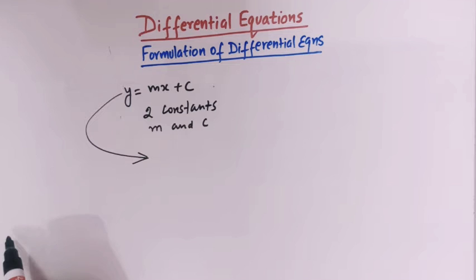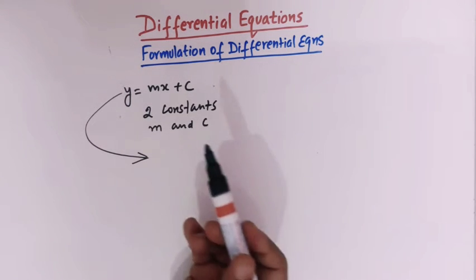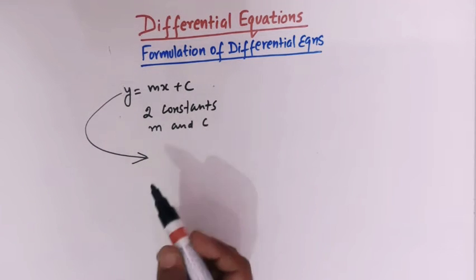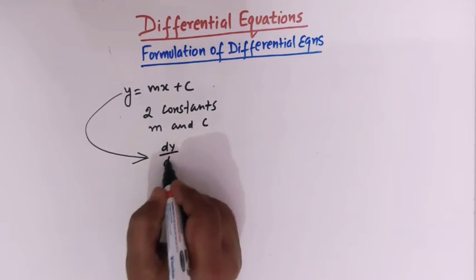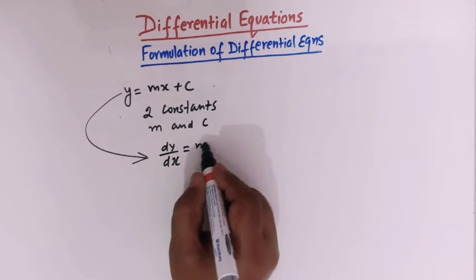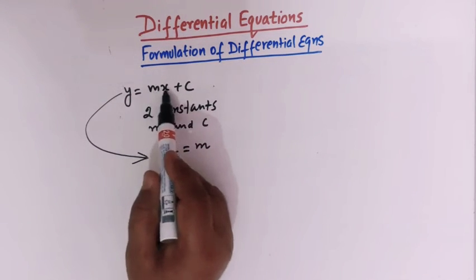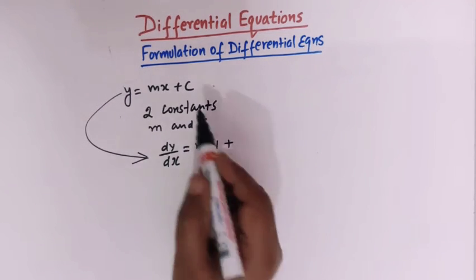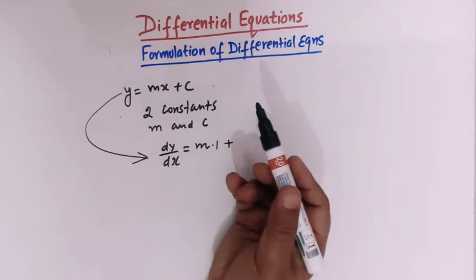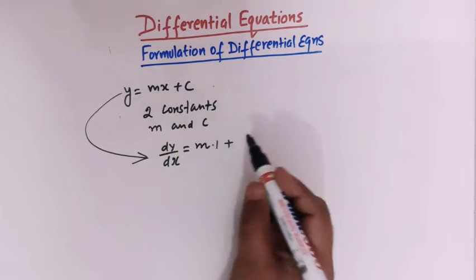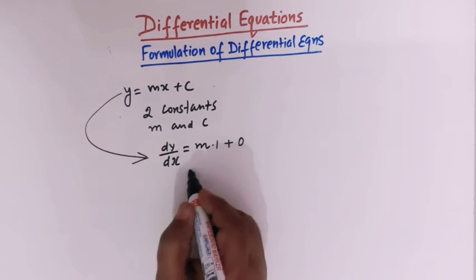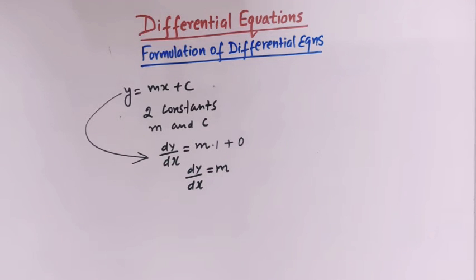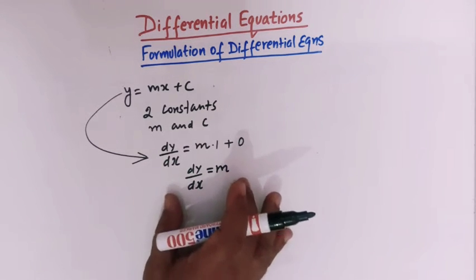We'll first take the first derivative of this equation. So dy over dx is equal to m. Here the derivative of x is 1, so we have m times 1, and the constant c, which is the y-intercept, has derivative 0. So dy over dx is equal to m. Now let us again differentiate this equation.